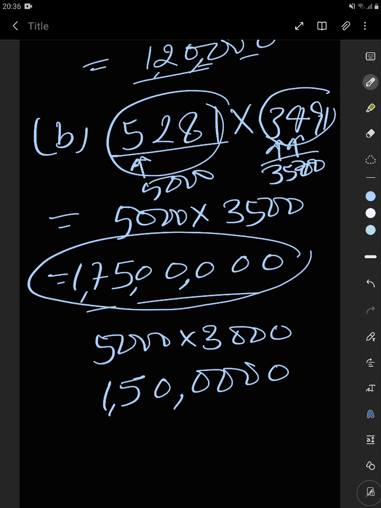This is 150 and how many zeros? 3 zeros. So one more zero. The difference in this is quite high. So for the estimation of any number, we cannot take such numbers which can make the difference so high that the answer itself becomes wrong. Such numbers cannot be taken.